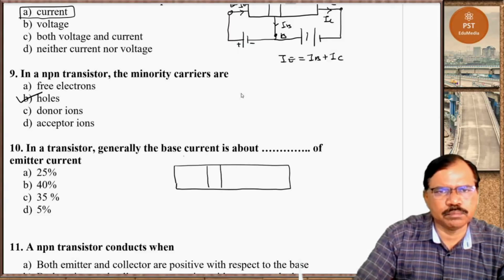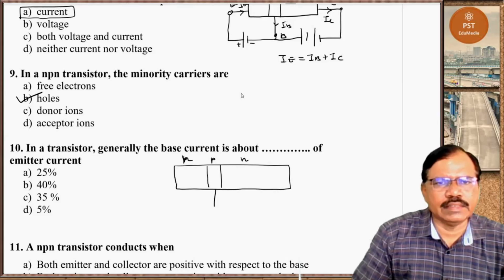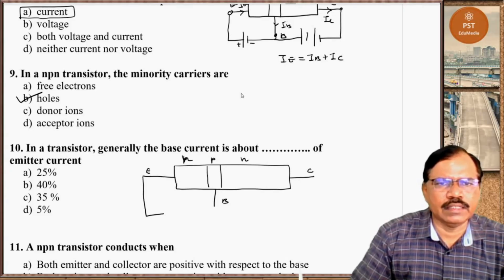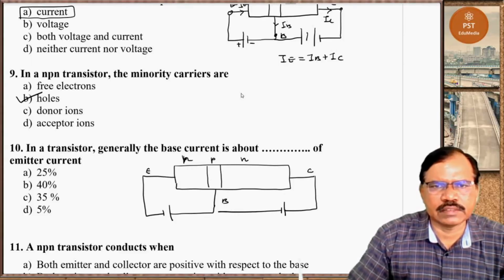So suppose this is an NPN transistor. So we connect the transistor. This is emitter. This is collector. This is base. So we connect in such a way that base emitter junction is forward bias and base collector junction is reverse bias.